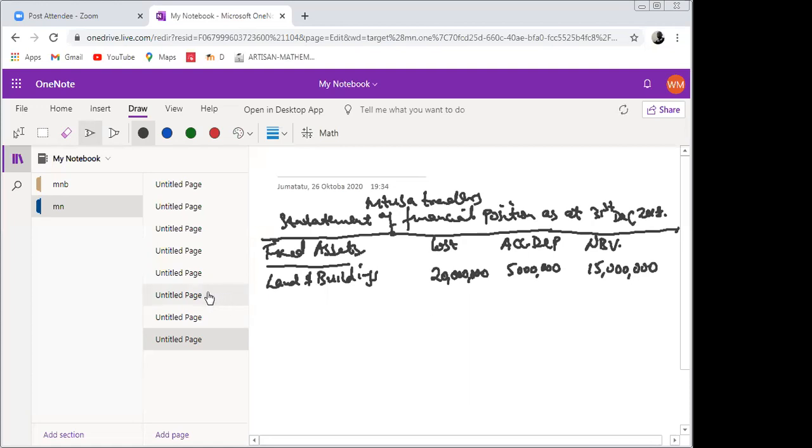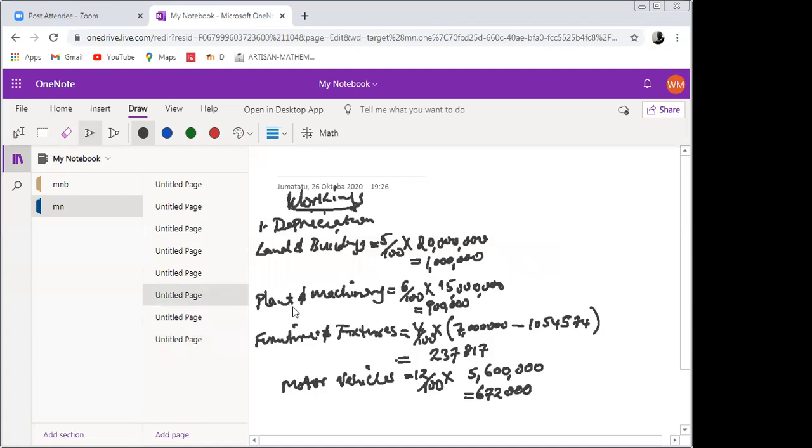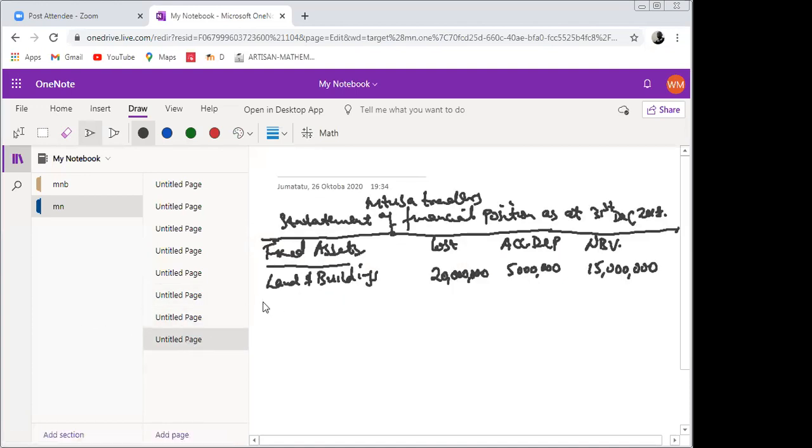Go and do the same for the next asset, which is plant and machinery. Their cost is, let me look at it, 15 million.